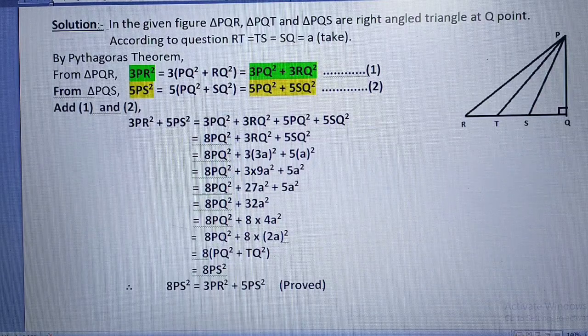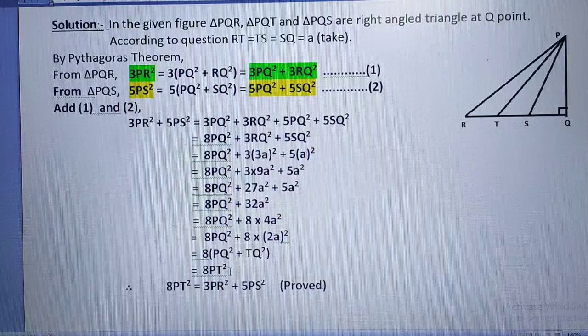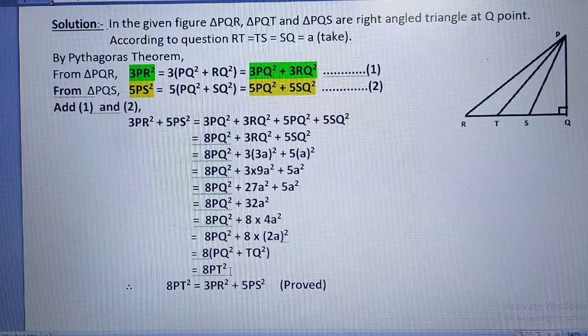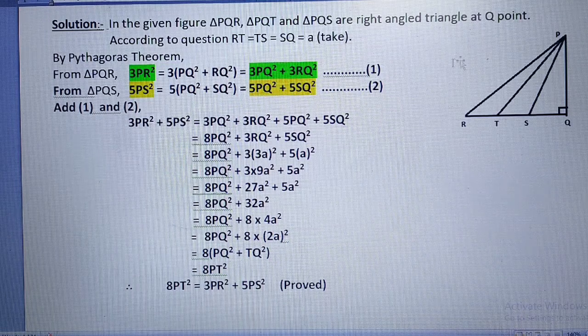Which is equal to 8PT square, because in triangle PQT, PQ and TQ are the two adjacent sides of the right angle, and PT is the hypotenuse. So PQ square plus TQ square is PT square.